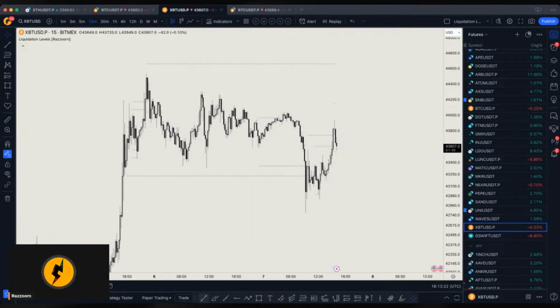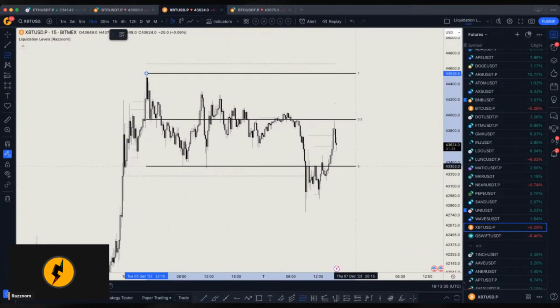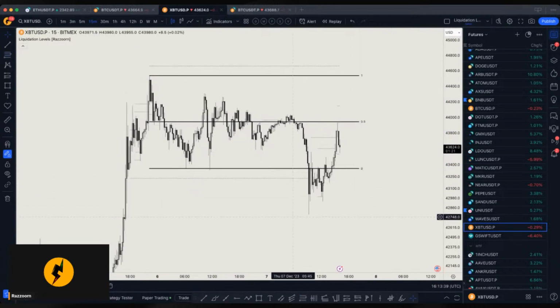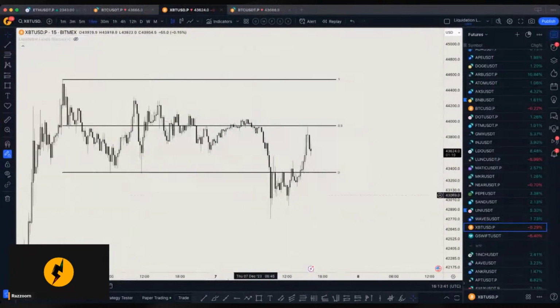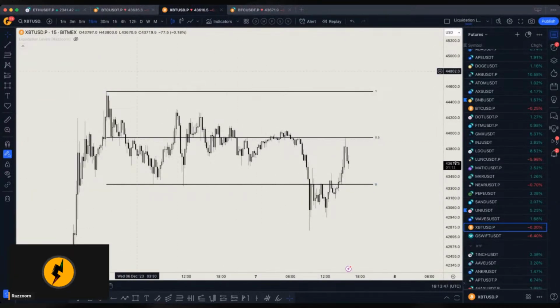And what we basically do on every chart is find the range high, and then the range low. And if we want, we can add the profile and other stuff.